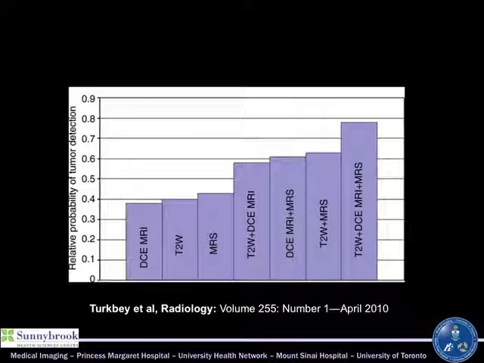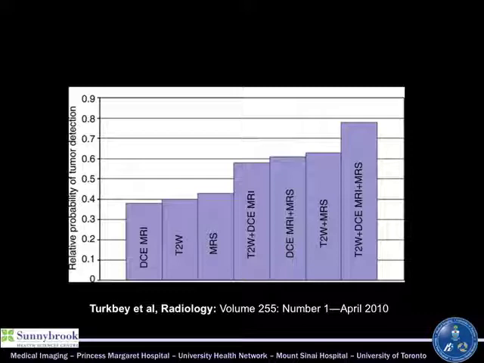We translate a lot of those brain techniques to prostate. So here's data published in 2010 from the NIH showing the probability of tumor on whole mount as a function of the combination of pulse sequences or imaging techniques used.